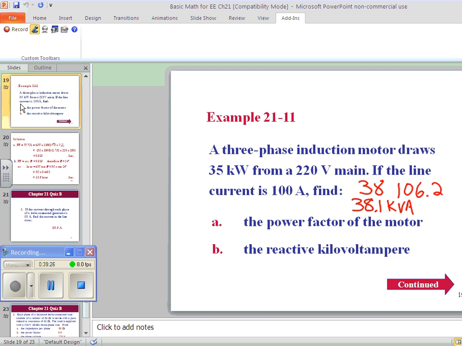Well, if this is our kVA, what are we finding here? And we have 35. That can't be right. Three-phase induction motor draws 35 kW. Oh, I put that in the wrong place, haven't I?